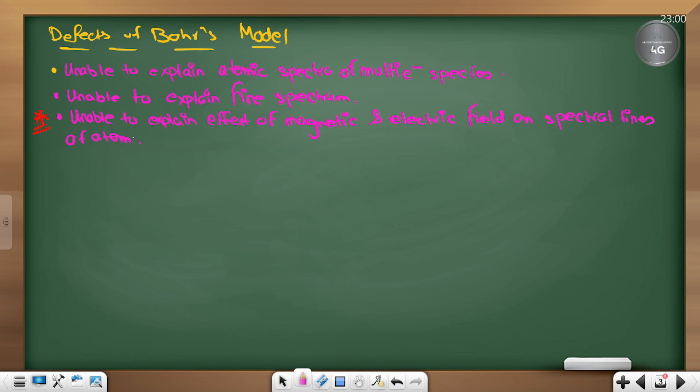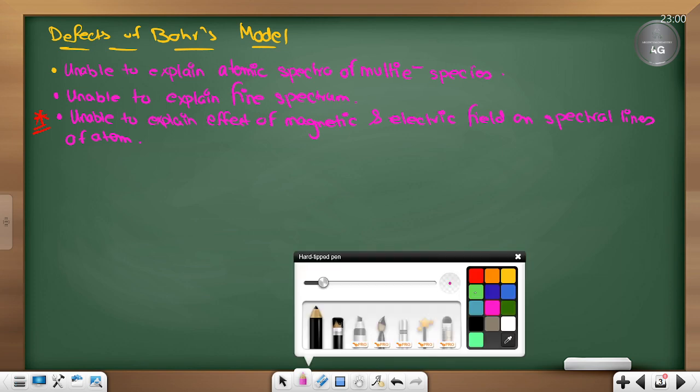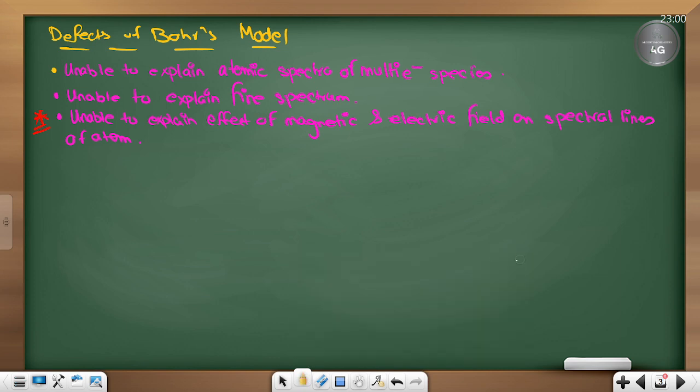An atom is emitting spectral light, very good. Now if we pass it through a magnetic field or electric field, what will happen to it? He has not said. Something happens, but he did not say what. So that was one of his defects. What exactly happens, that also we need to know. So you have to know two terms. What are the two terminologies? The first one is the Zeeman effect.